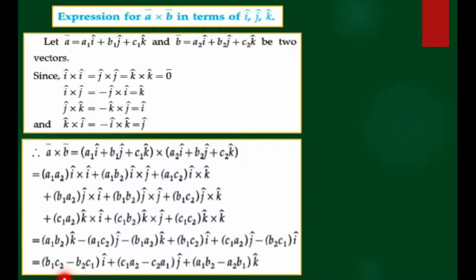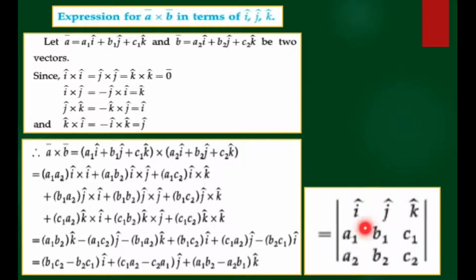So we write b1 c2 minus b2 c1. Then next j: c1 a2 minus c2 a1. Then the unit vector k: a1 b2 minus b1 a2 k cap. Now if you observe this, this is the determinant form.